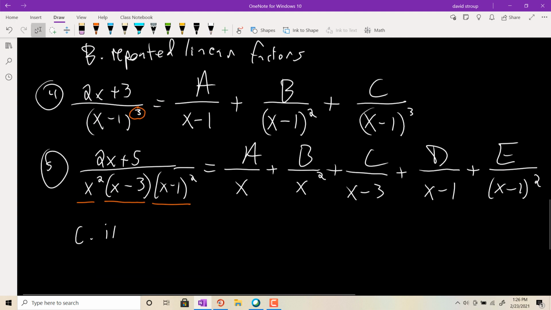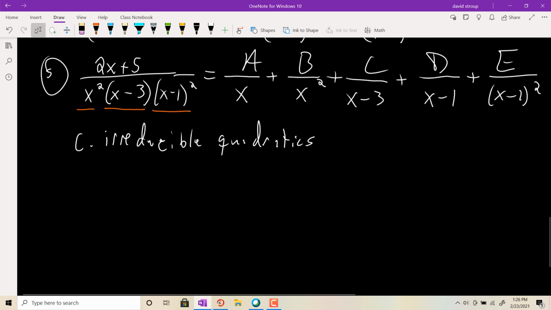Okay, so part C, irreducible quadratics, and these will be usually in the book they'll end up looking like x squared plus 5, but they can also have other forms.